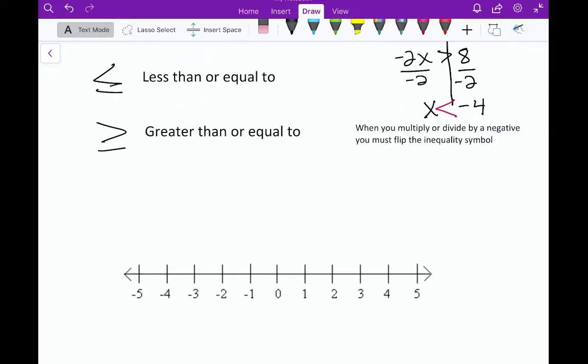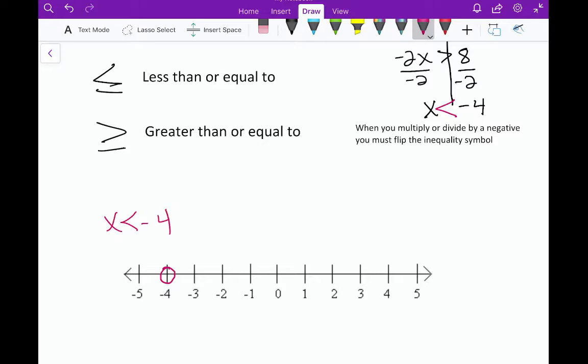So we're going to graph x is less than negative 4 on this number line. And here's how we're going to do that. The first thing is we're going to identify where negative 4 is on the number line. And we need to figure out if x is equal to negative 4 or not. And when you look at this inequality, it's not. It's less than. So that means we're going to put an open circle at negative 4. We're not going to shade that in, meaning negative 4 is not a solution.